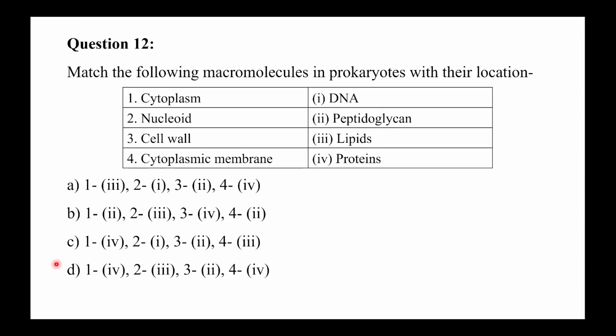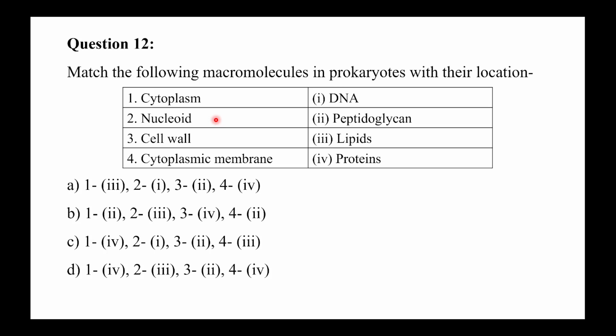Let's see. Option C says first matches with 4, cytoplasm for proteins. So proteins are present in cytoplasm. That is correct. 2, 1. So nucleoid and DNA. DNA is present in nucleoid. I told you in the previous class the difference between prokaryotes and eukaryotes. Prokaryotes don't have any membrane bound organelles.